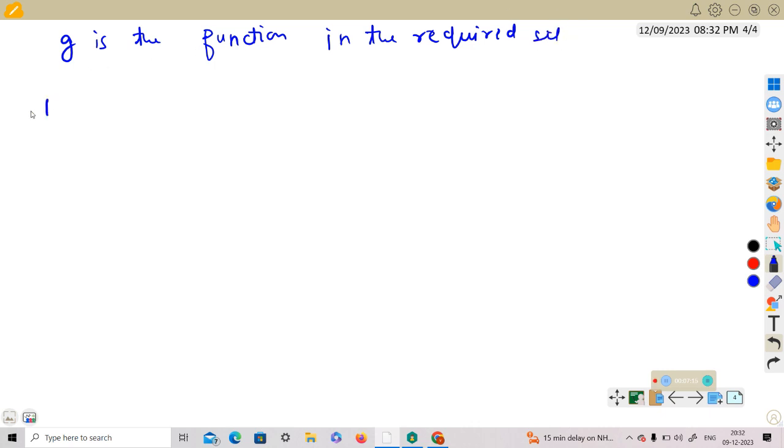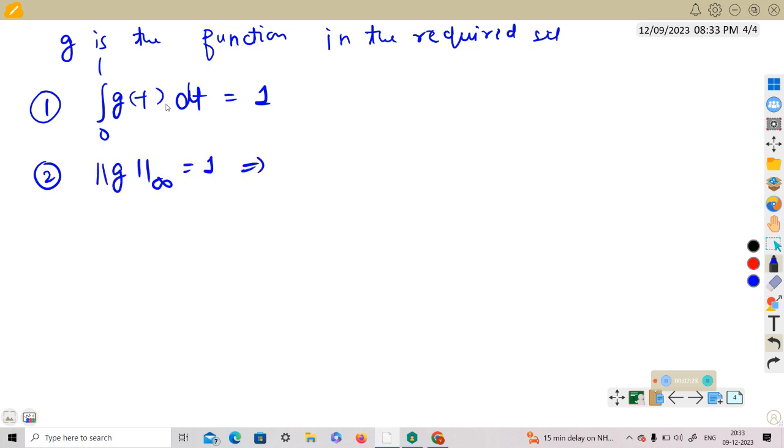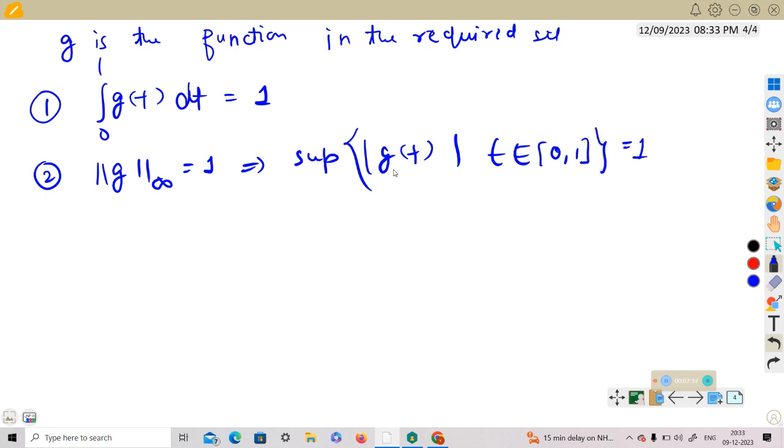Let me rewrite everything. So if g is a function in the required set, then what properties does g have? First, the integral of g(t) from 0 to 1 dt is equal to 1. Second, the infinity norm of g is equal to 1. This implies the supremum of |g(t)|, t belongs to [0,1], is equal to 1.